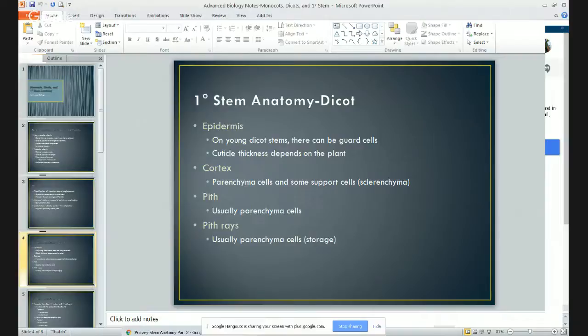Then that inner tissue right underneath the epidermis, that's the cortex. It's just there for storage and some support. So it's going to be made of parenchyma cells for storage and sclerenchyma cells for support.